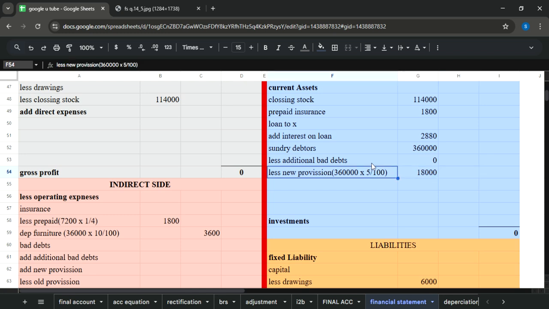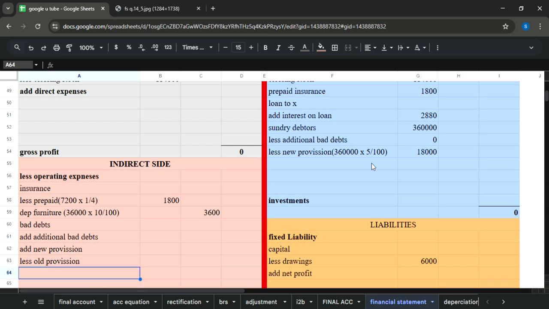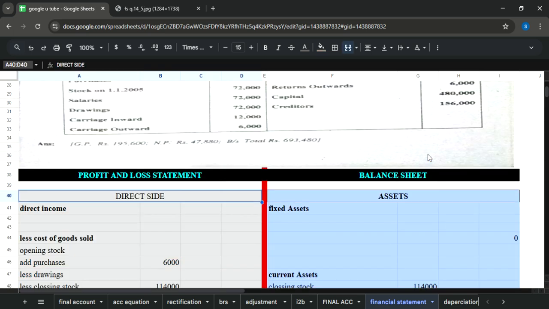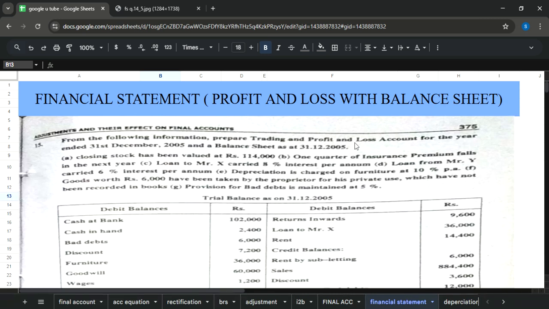So guys, in this way new provision is also calculated. Then we will come back to operating expenses side, and here new provision is calculated just right now. 18,000 would be mentioned in new provision. Additional bad debts are not present in the question, so you will mention 0. So in this way, all adjustments present in your question from A to G, all adjustments are entered with their proper dual effects.